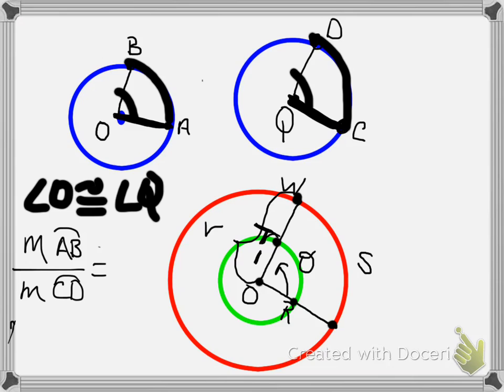If you need to, push pause so that you can draw these triangles. But the major point that I'm trying to get out is that arc AB and the measure of arc CD is going to be directly proportional to the segment OA and QC. And so they would be equivalent.